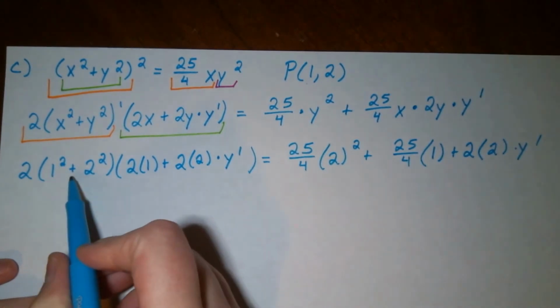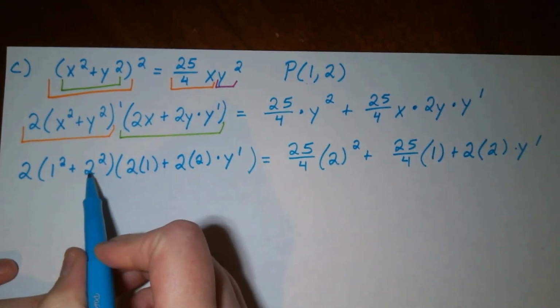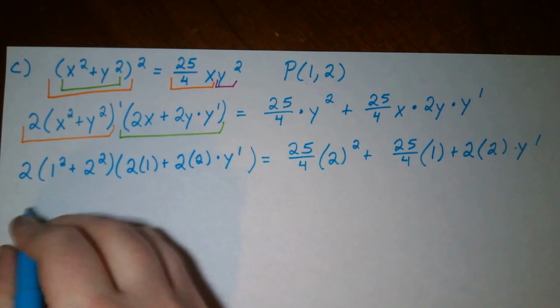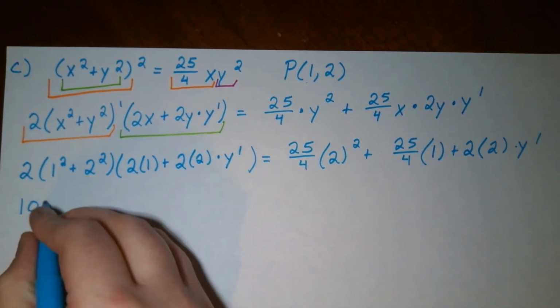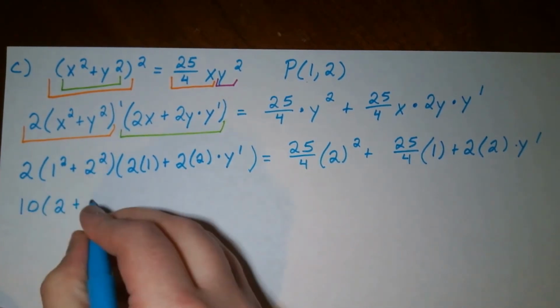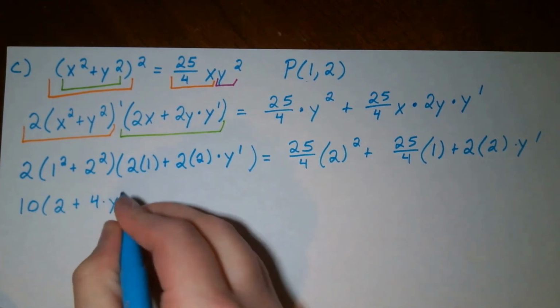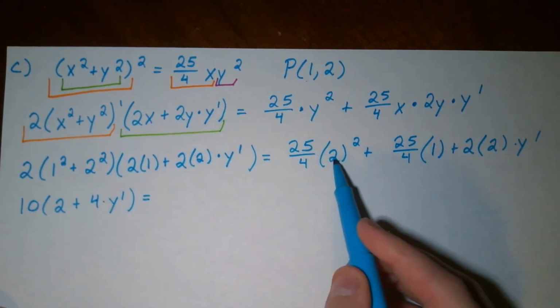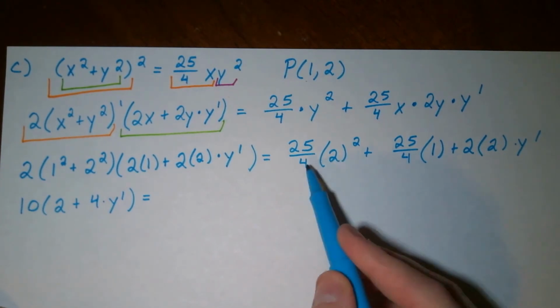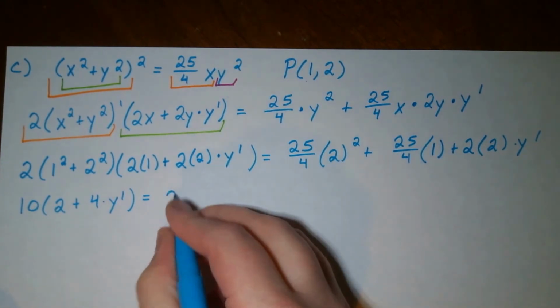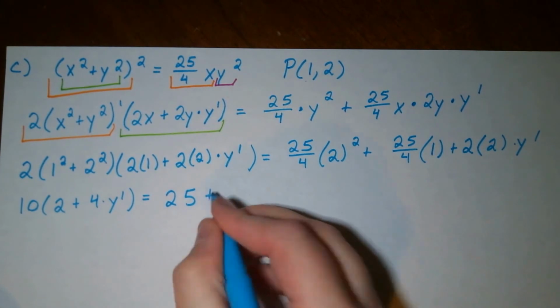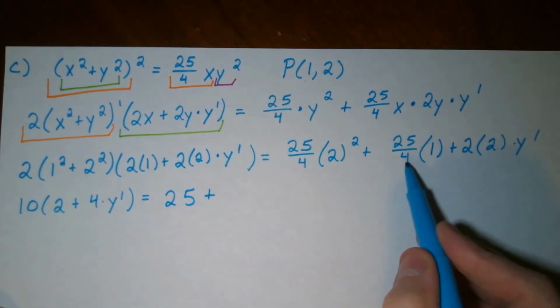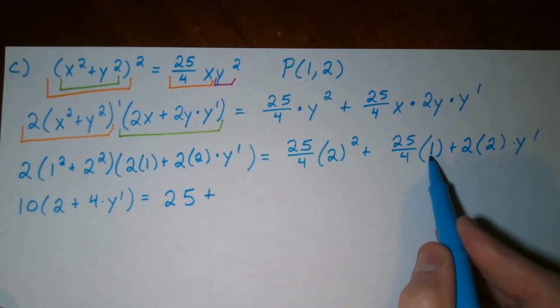All right, it's actually going to work out to look really nice. So 1 plus 2 squared, that's going to give me 5, times 2, that's going to give me 10, times 2 plus 4 times y prime equals, so this is going to be 25 over 4 times 2 squared, which is 4. Those 4's are going to cancel out, and I will be left with 25 plus 25 over 4 times 1.